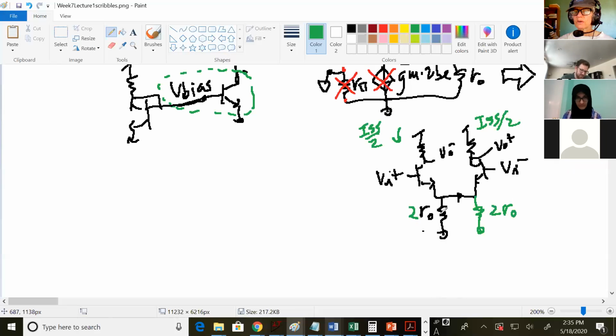What can you say about the current through these two resistors down at the bottom? It's just ISS over 2 through each of them. Yes. So they still have ISS over 2 through each of them.